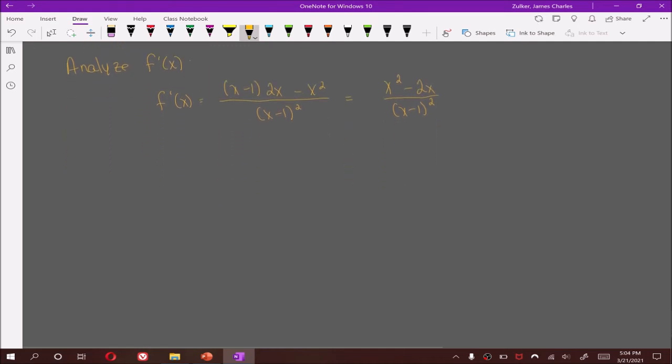It's defined over the domain of f, so all we need to do is set f prime equal to 0, which gives us x squared minus 2x is 0, x times x minus 2 is 0. So x is 0, or x is 2.